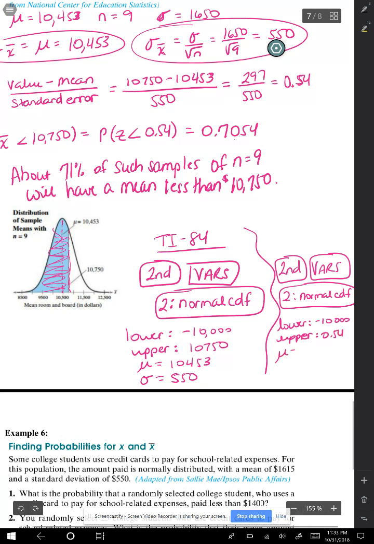If we're working off of z-scores, that means we're using a mean of 0 and a standard deviation of 1. So you go through those same keystrokes, but your upper limit is 0.54, your mean is 0, and your standard deviation is 1. When you calculate that, you'll see you get the exact same answer. So this is using the z-score, and this is using the original numbers without transferring to a z-score.